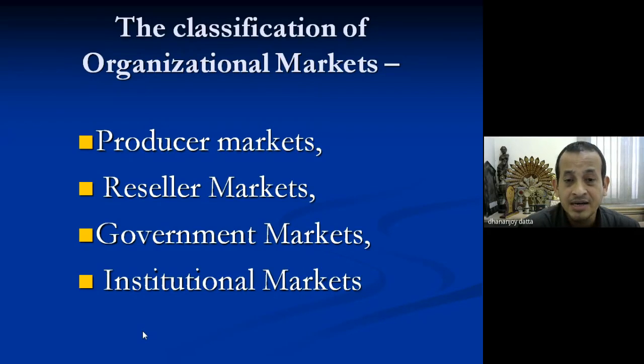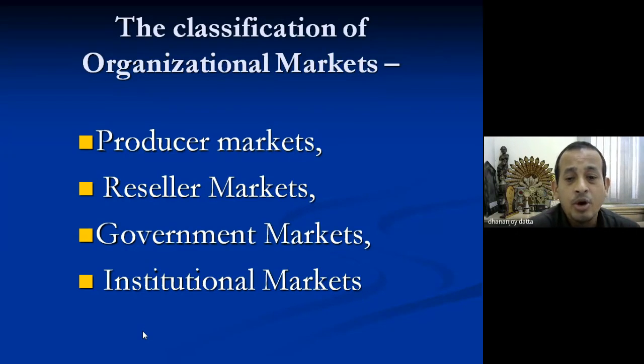Resellers just earn a percentage of the profit and do not do anything with the product. The reseller market is the market through which products are sold to other middlemen or to customers directly without any change in the product. For example, retailer, wholesaler, distributor, stockist, super stockist.